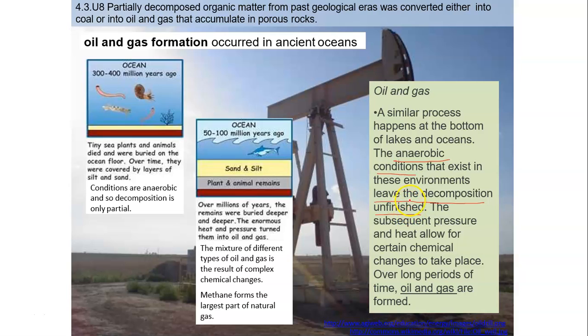Decomposers cannot do a complete decomposition, so it's unfinished. And the subsequent pressure and heat allow certain chemical changes to take place, in which over long periods it turns into oil and gas.